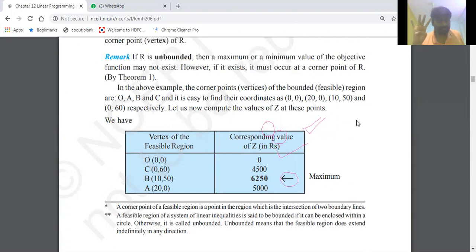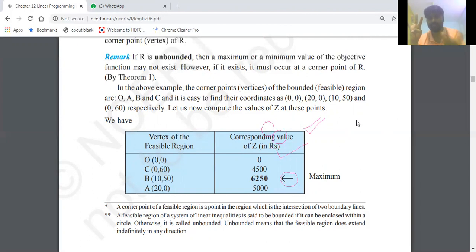Now in the third step we are going to draw the graph. We have drawn the graph already, we have seen, correct? So the third step is over. Before drawing the graph we had already finalized the answer, correct? After that, the fourth step: finding the solution.